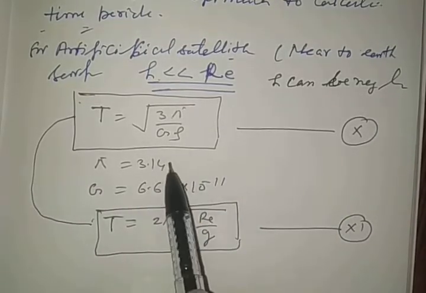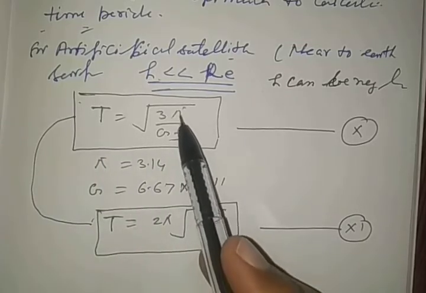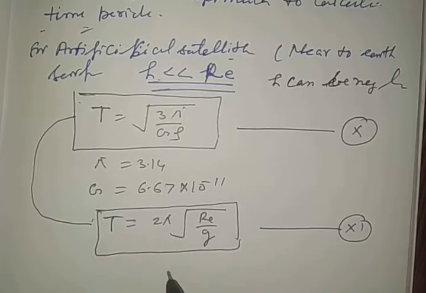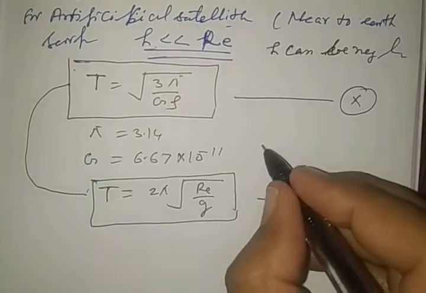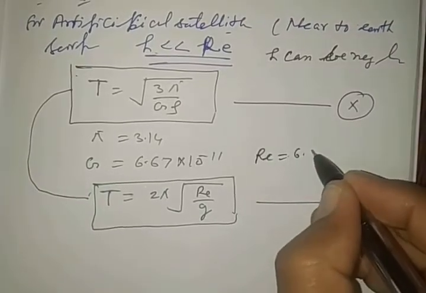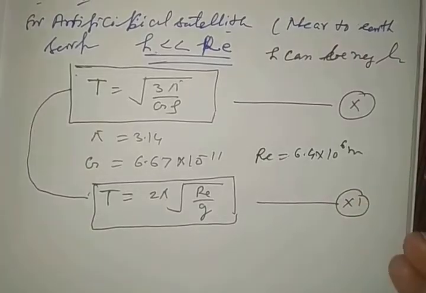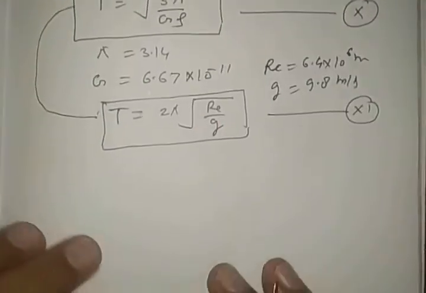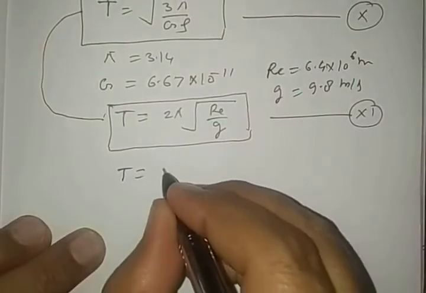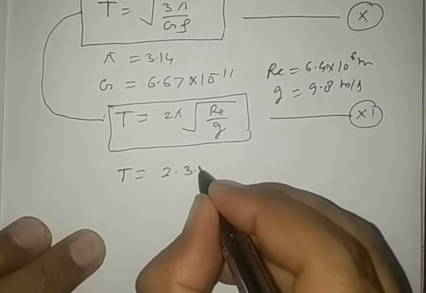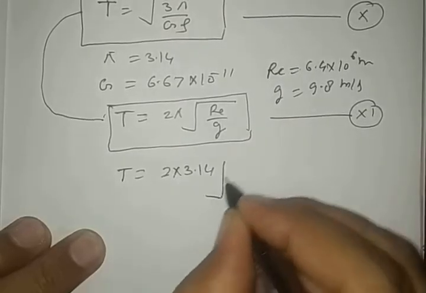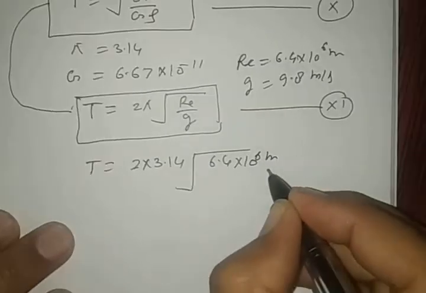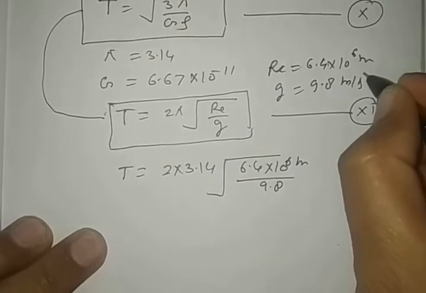If you want to calculate the time period, we must keep the value of pi, capital G, and density of Earth. And if we use the radius of Earth 6.4 into 10 to the power 6 meter, g well known 9.8 meter per second square, and put these values in the equation, the time period can be calculated: 2 into 3.14 under root 6.4 into 10 to the power 6 meter by 9.8 meter per second square.